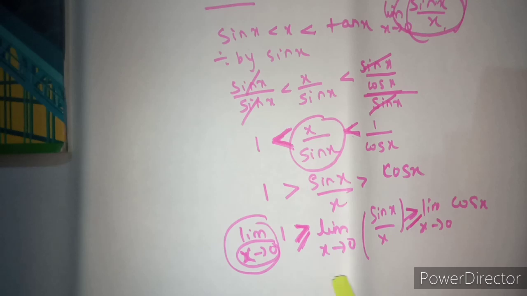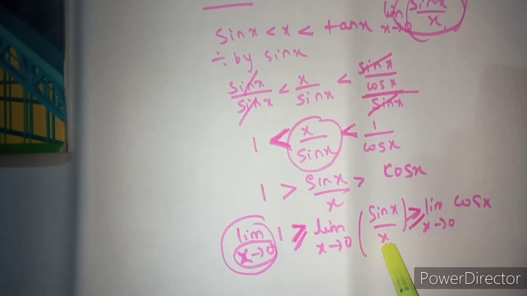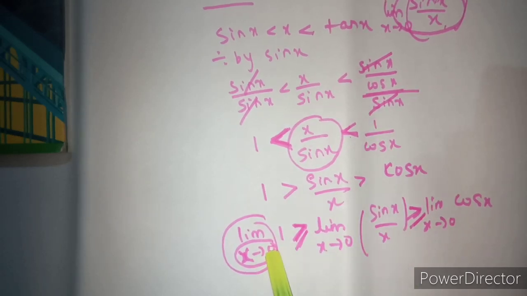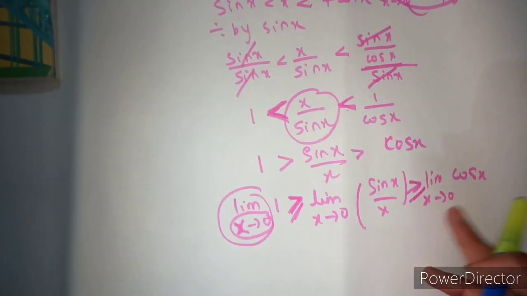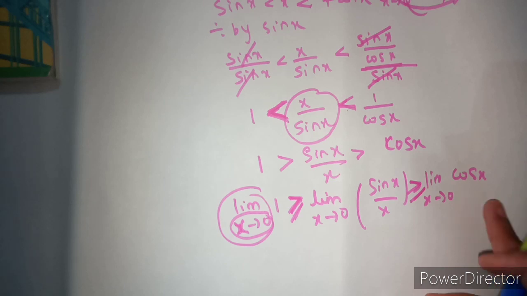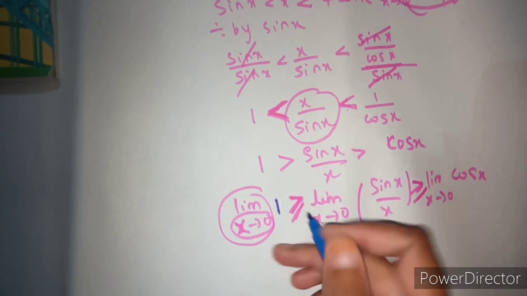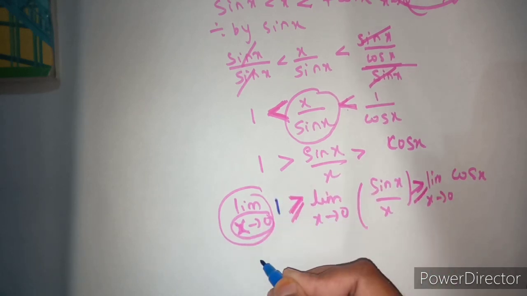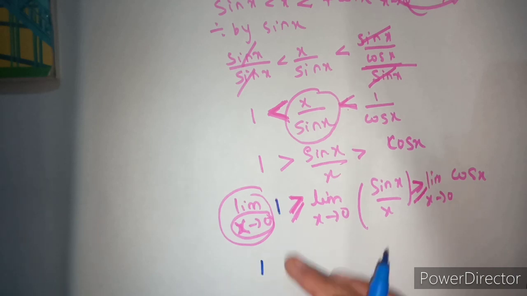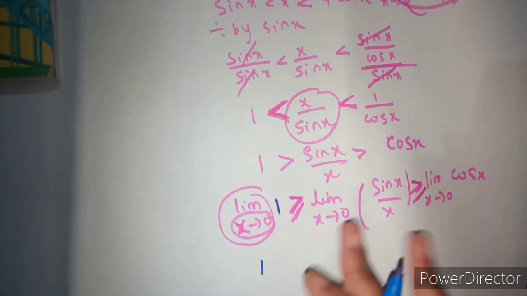Limit x tends to 0 sin x by x is less than limit x tends to 0 of the next term, which is again greater than limit x tends to 0 cos x, okay? So limit x tends to 0, one value is here, one is a constant. If we apply the limit to the constant, it won't change, same constant. You'll write 1 as it is.